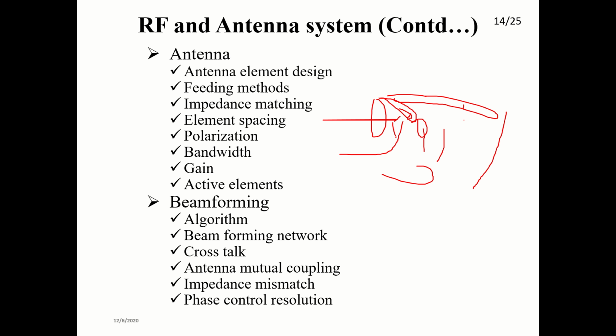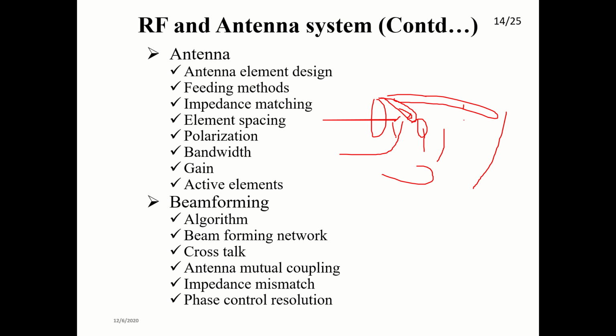Next, once having said that, we'll go for antenna element design. Once everything is decided, that this size of array I am going to deploy and this many elements, based on that I should go for element design.